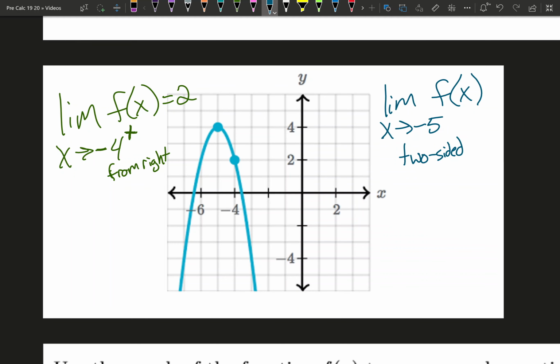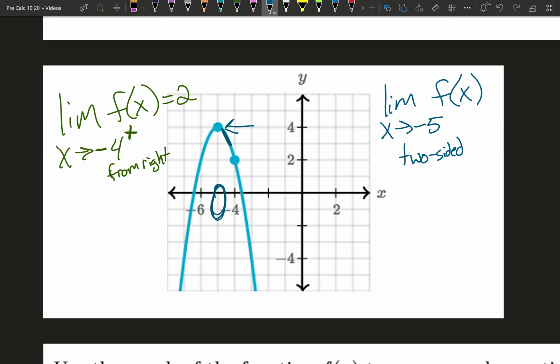So that means we need to take a look at what's happening as x approaches negative 5 from both sides. So as x approaches -5 from the right, and the thing is, we're following along with the function. Think like you're tracing the function with your finger, or imagine like a little person walking along the function. Where would they get to? Where would your finger get to if you're moving it along the function, tracing it?